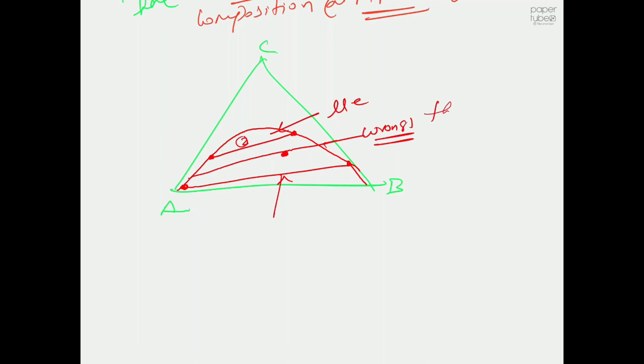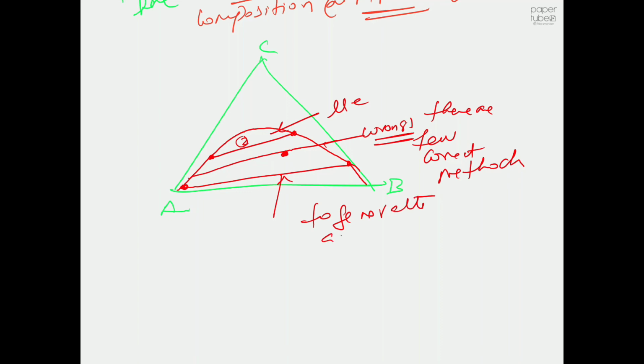So there are a few correct methods to generate additional tie lines. I cannot draw it with paper and pen. I have to load the graph on PowerPoint, and then I will try to show you in a separate video how to generate additional tie lines.